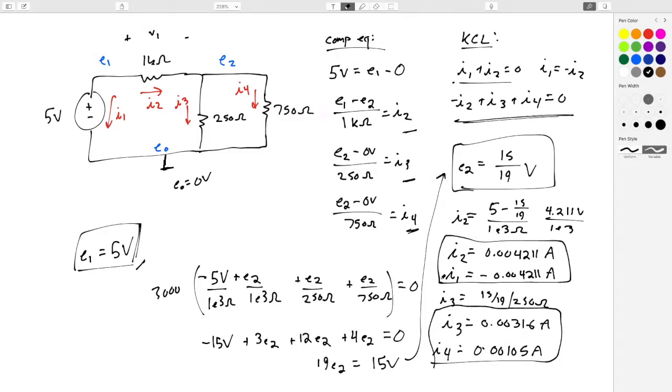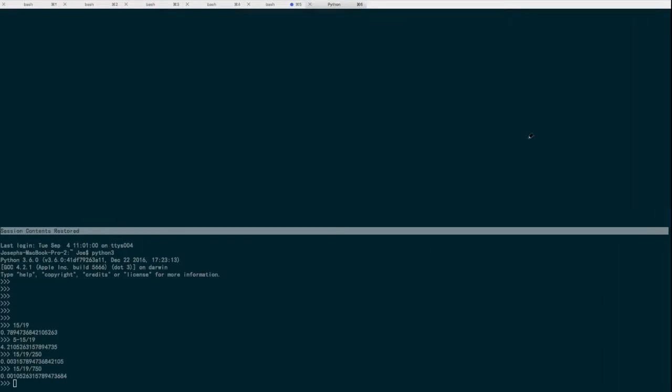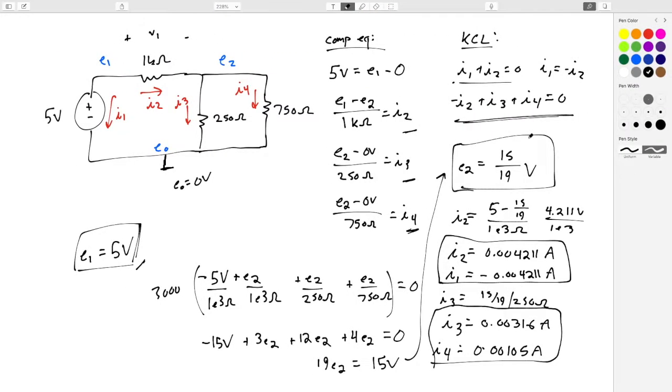At this point, I might go back and take a real quick look at all of our numbers to make sure they make sense. So this is saying E1 is 5 volts. That's good. E2 is 15 over 19, which is 0.789 volts, just so we have a decimal in our head.